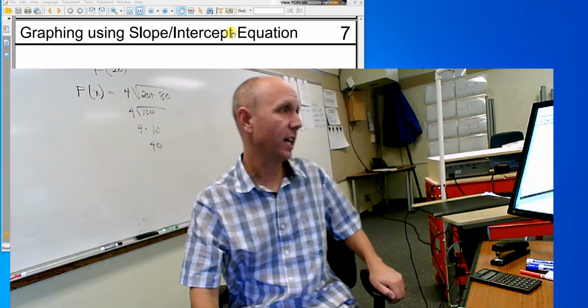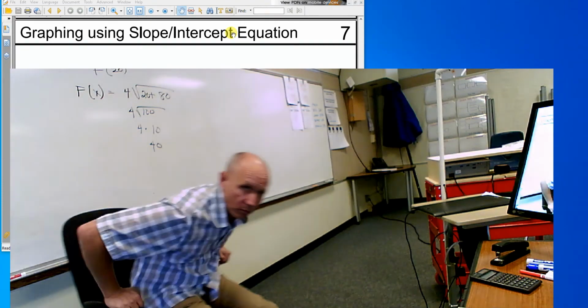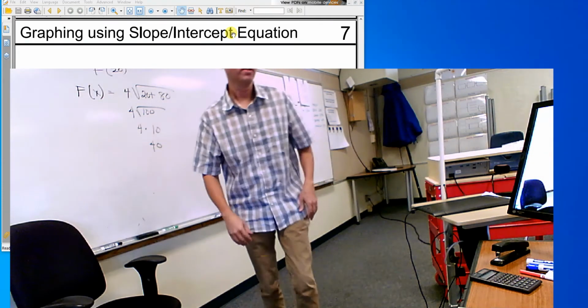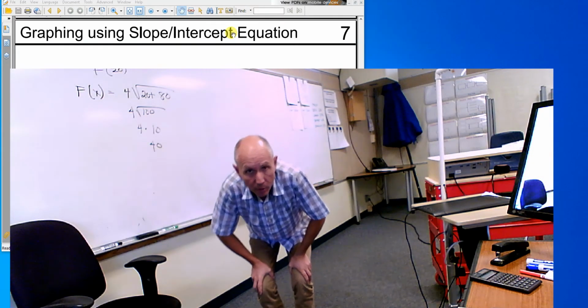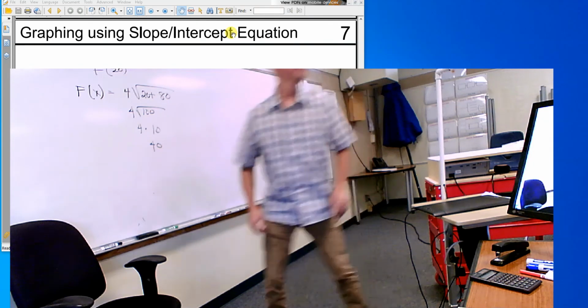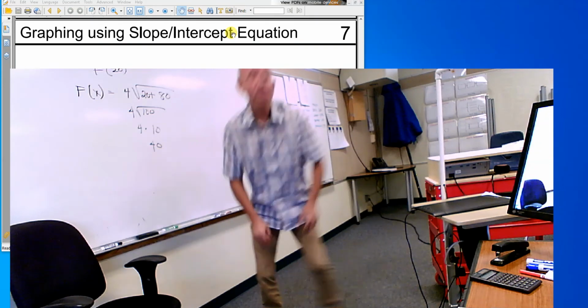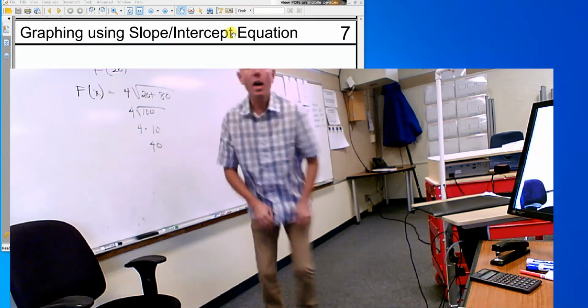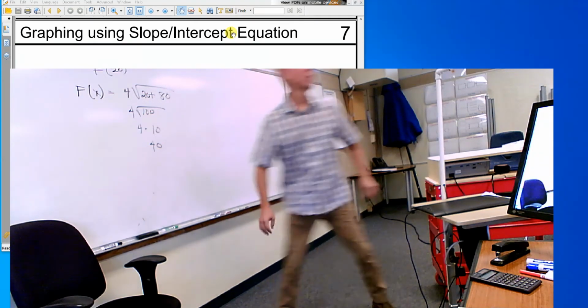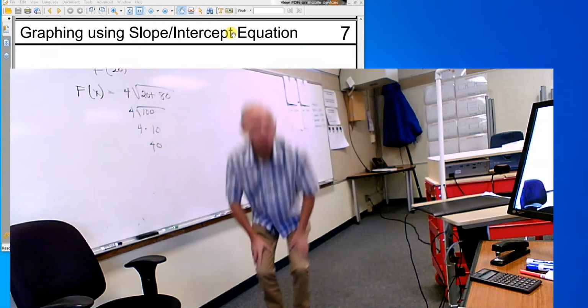I'm not sure why. The other song we like to sing is the one for slope. What is the definition of slope? Rise over run. Rise over run, the slope is defined. Rise over run, dum dum dum dum dum. Rise over run, the slope is defined. Rise over run.